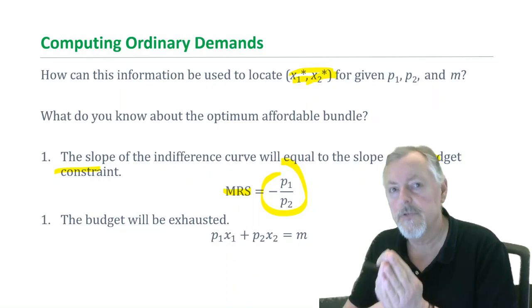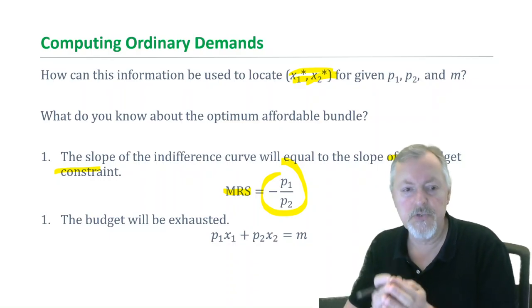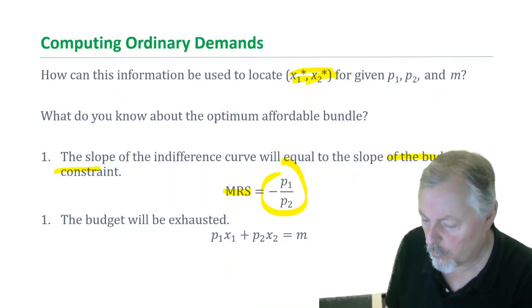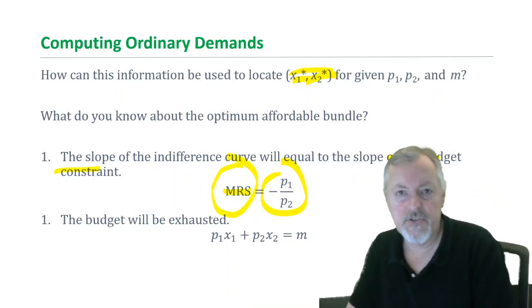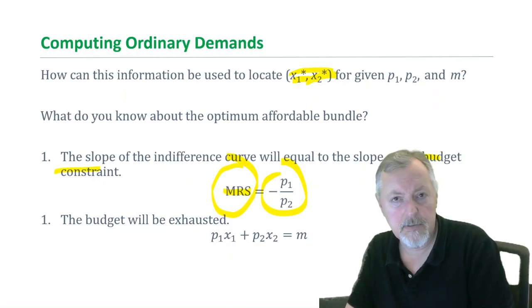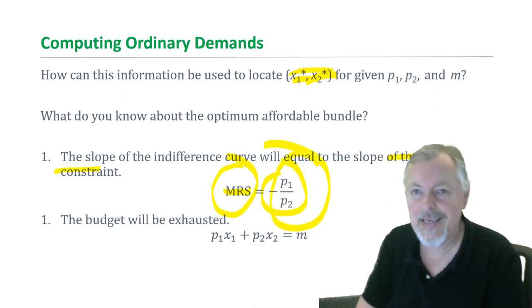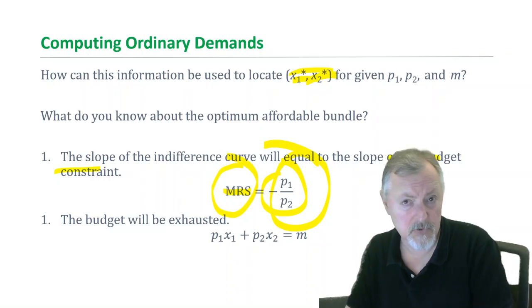So we know the consumer will choose a bundle where the rate at which they're willing to exchange apples and oranges is exactly the same as the rate at which they can exchange apples and oranges. The marginal rate of substitution will equal the price ratio.